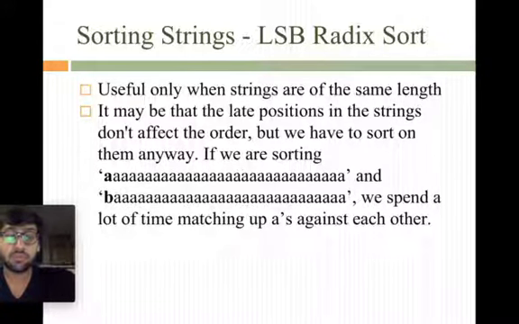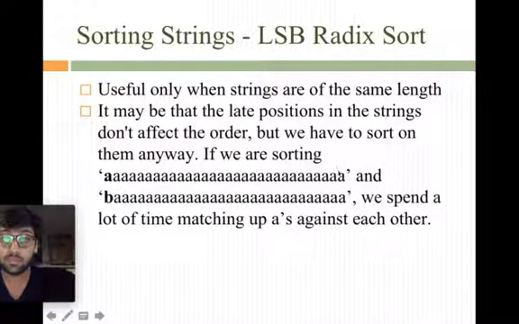Suppose we have two strings, one is a very large sequence of A's and the second one is a large sequence of A's with one B at the beginning. The LSB radix sort algorithm will start sorting from the rightmost A, and it will waste a lot of time sorting all of these A's until I reach this end, and I finally say that this should be the correct ordering.